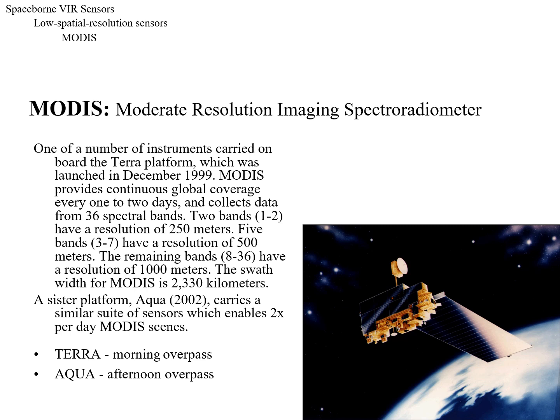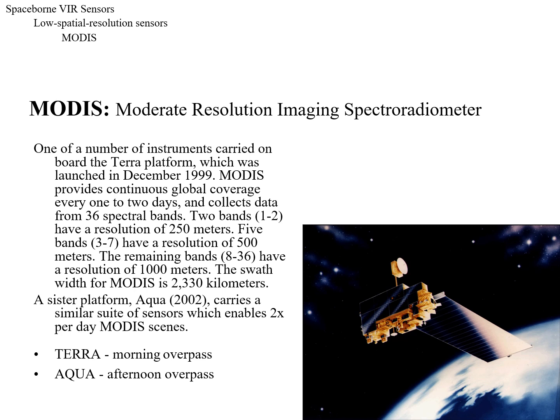In Terra, you get a morning overpass. Aqua, you get an afternoon overpass. And so MODIS provides continuous global coverage every 1 or 2 days, mostly 2 days with the Aqua coverage, and collects data from 36 bands.